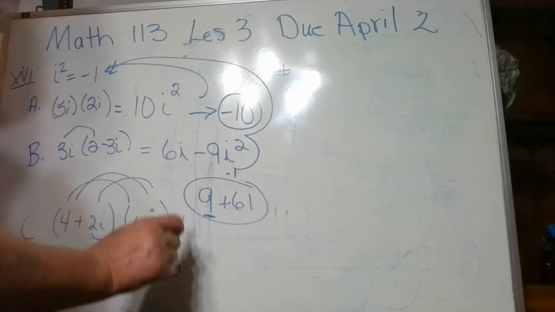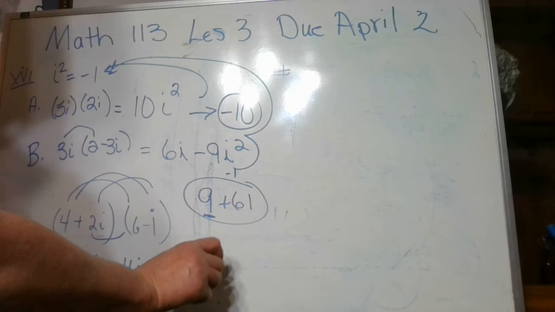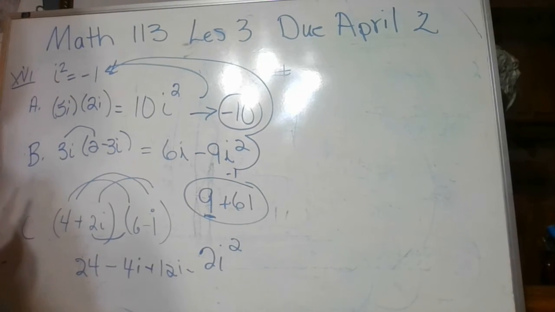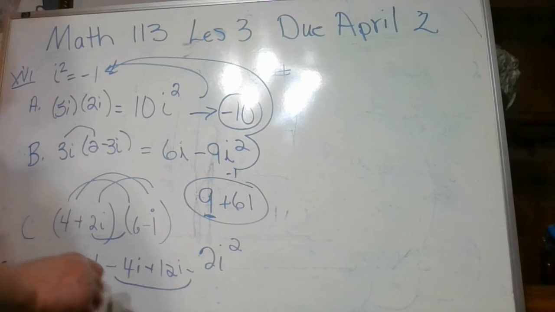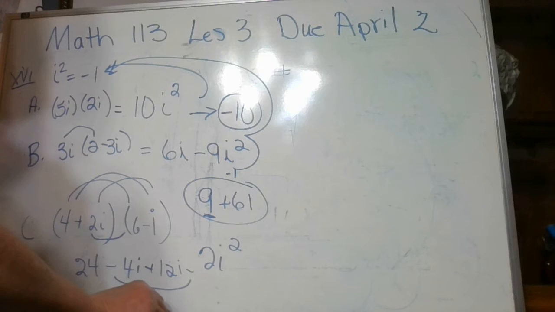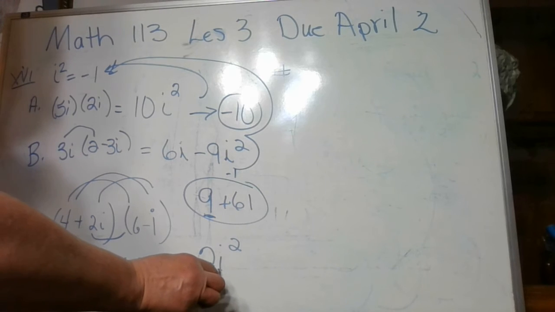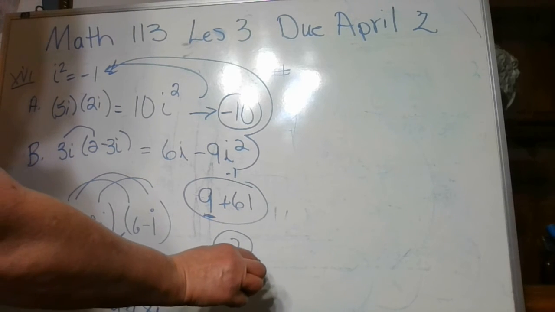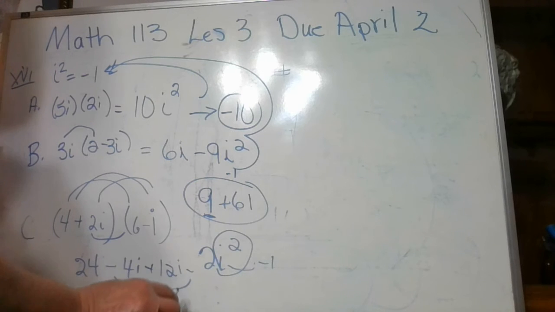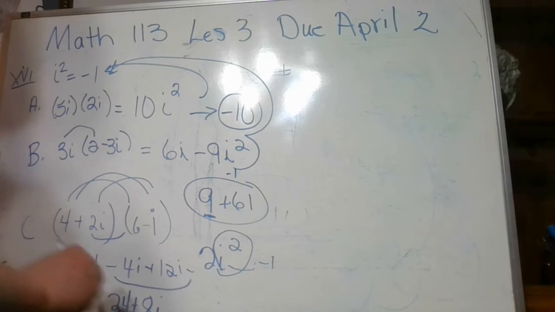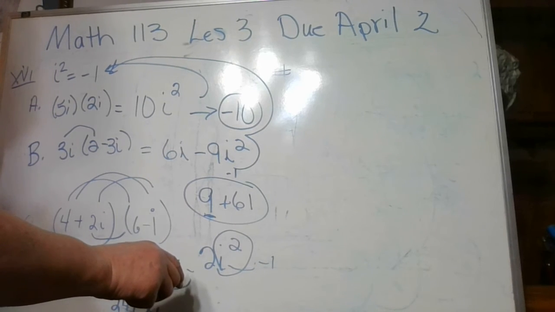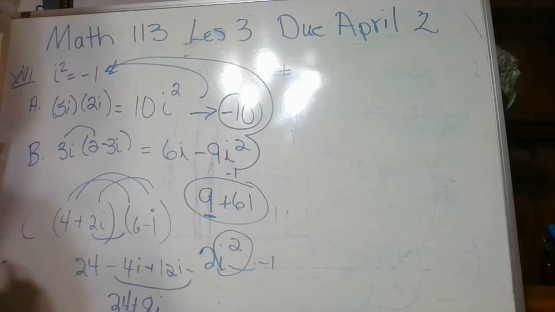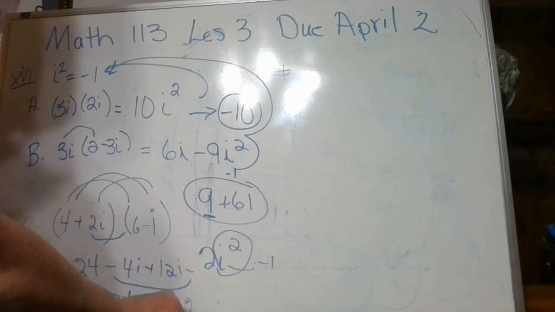And our last would be -2i squared. I can put these together and get 8i, and then bring my 24 down, plus 8i. -i squared is equal to -1, so -1 times a -2 would be a +2.